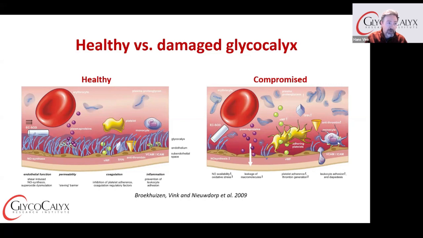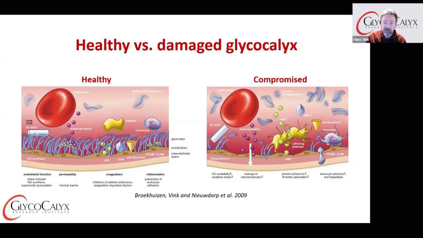And whatever you do to disrupt glycocalyx by pathogenic stimuli or genetic predisposition or enzymes, then you lose your nitric oxide production by shear, less scavenging of oxygen radicals by fewer antioxidant enzymes that are present in glycocalyx, a lot of edema or leakage of larger molecules over the endothelium, and platelet adhesion and leukocyte adhesion.